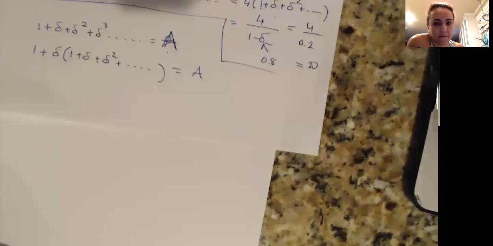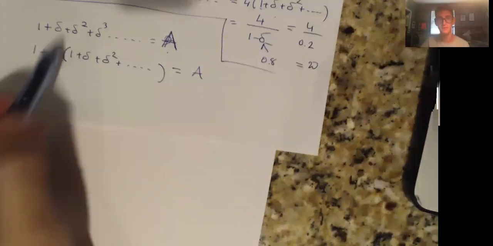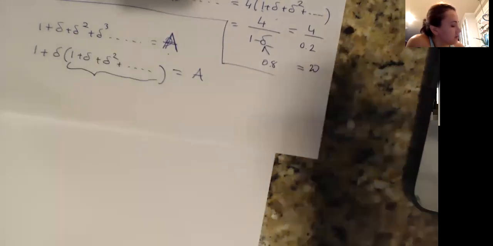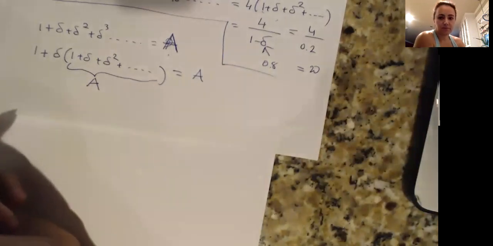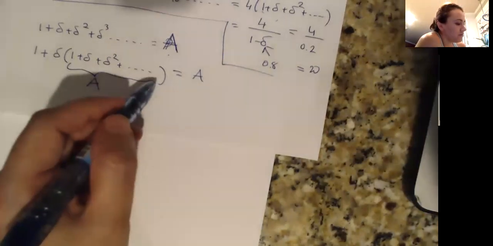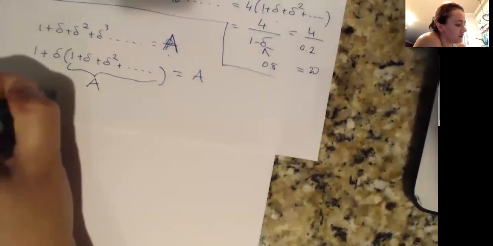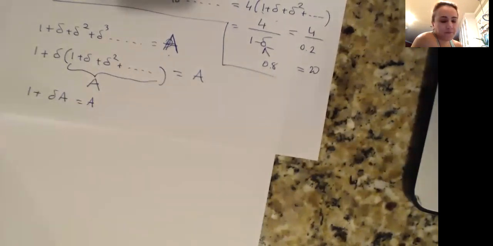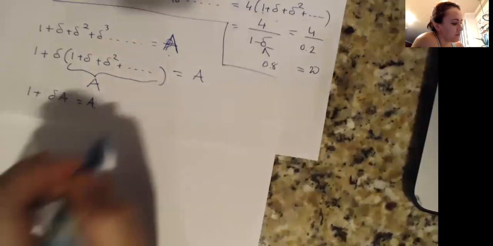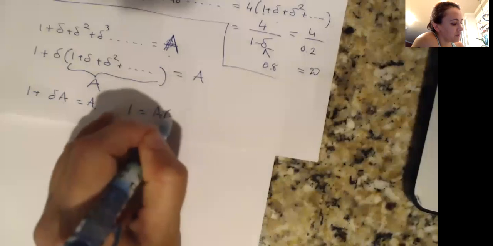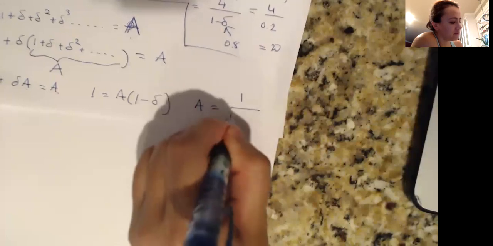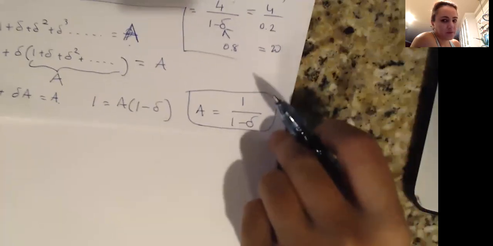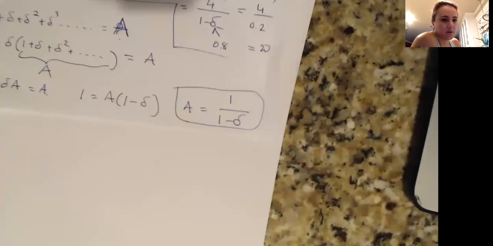Does it make sense? Yeah. So the left-hand sides are the same. And you can see that the expression in parentheses is A, since it goes to infinity. So 1 plus delta A is equal to A. If you solve this for A, 1 is equal to this, and A is equal to 1 divided by 1 minus delta.